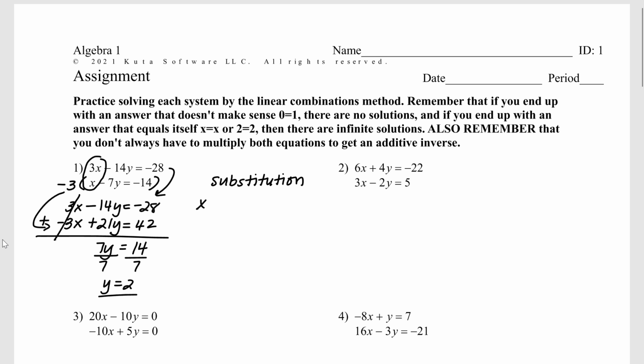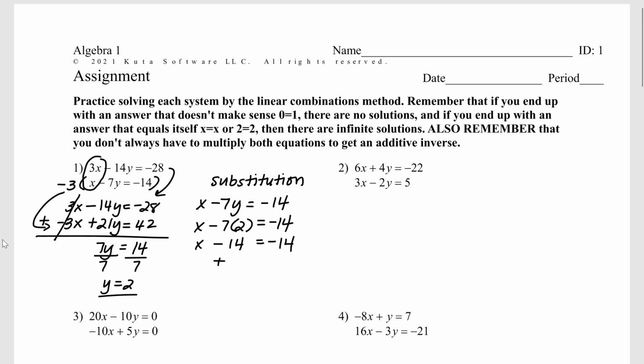I have x, and I'm using the second equation just because it seems a little easier. So I'm going to do x minus 7y equals a negative 14, and I know that y is 2, so I can replace that. I can substitute it, and I get x minus 14 equals negative 14.